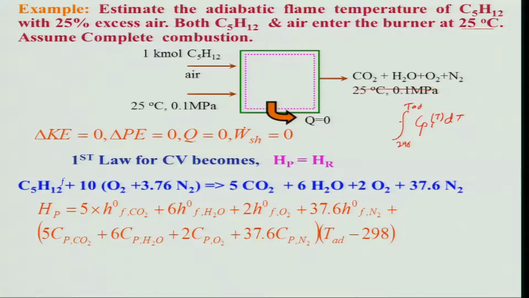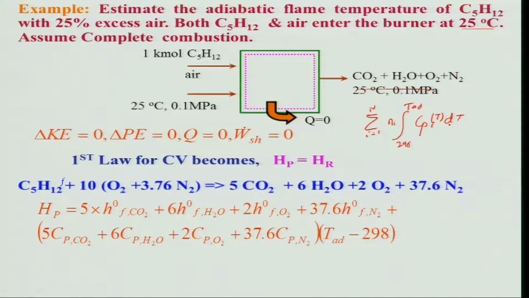Of course, there is a summation for i equal to 1 to n. We are now evaluating this term, and keep in mind that we are assuming Cp is not changing over the range of temperature, which is not true.